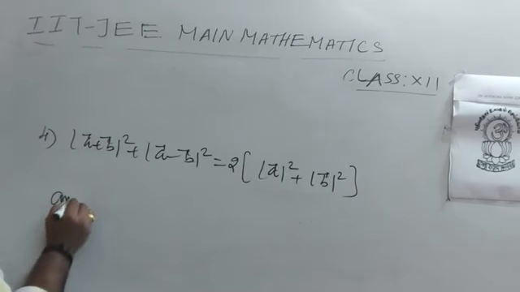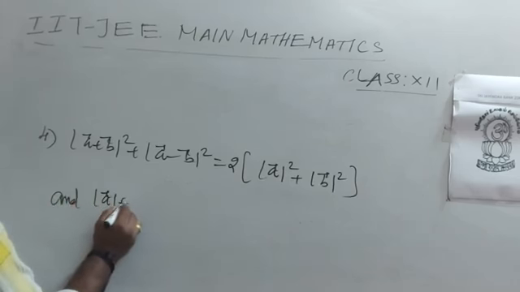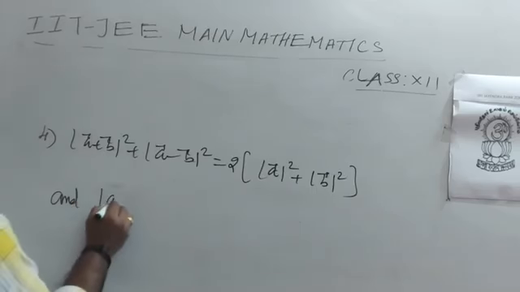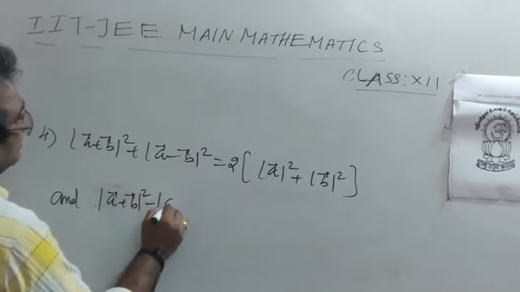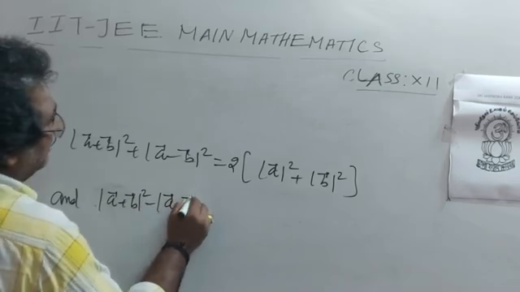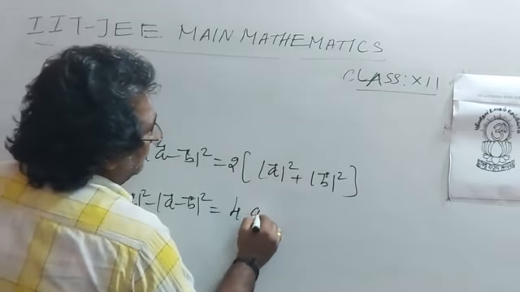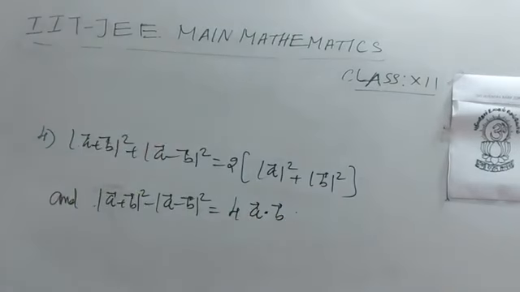And A vector plus B vector whole square minus A vector minus B vector whole square equal to 4 into A vector dot B vector.